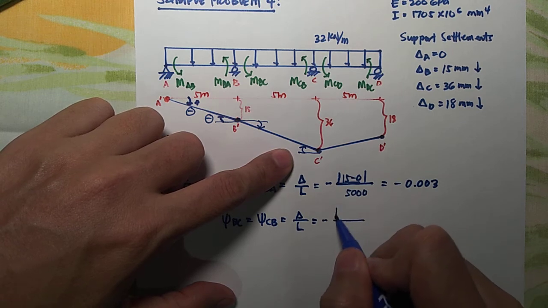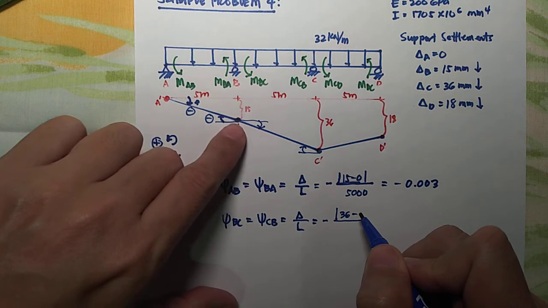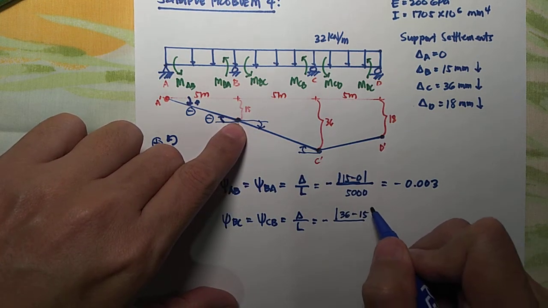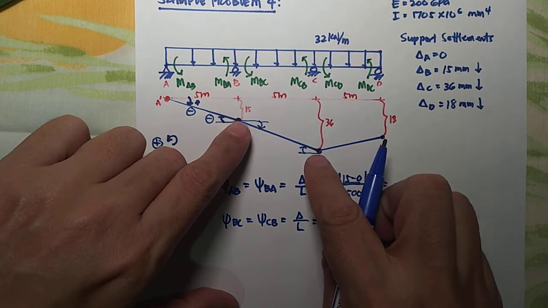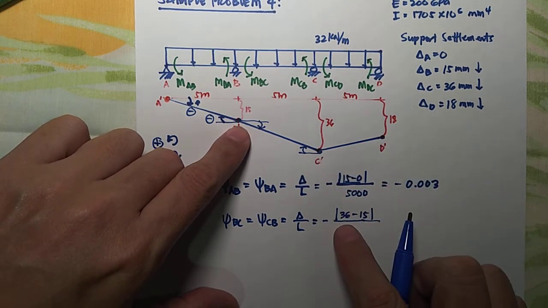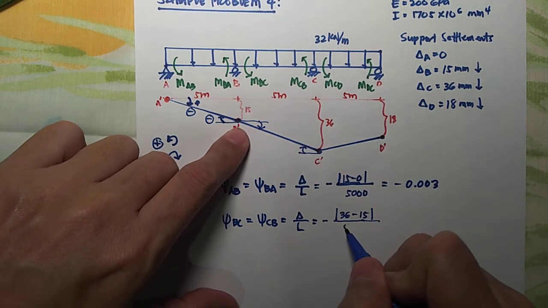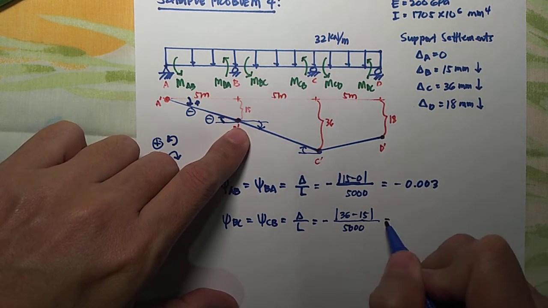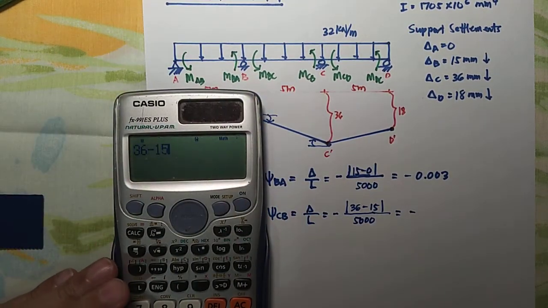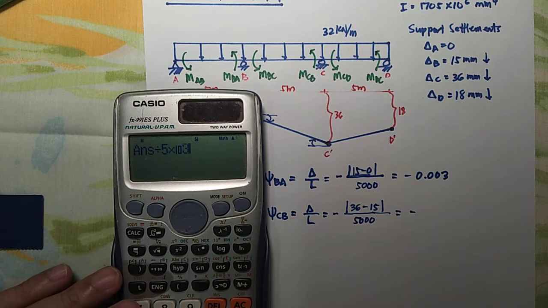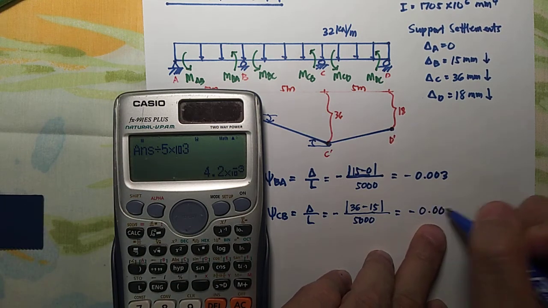And that would be the absolute value of the 36 minus the 15. Kasi relative displacement ang kailangan natin. So, ima-minus natin yung displacement between these 2 points. 36 minus 15 divided by the length between these 2 points, which is also 5 or 5,000 millimeters. So, that's negative 36 minus 15 divided by 5,000, which is actually negative 0.0042.